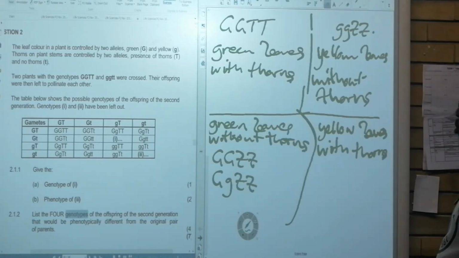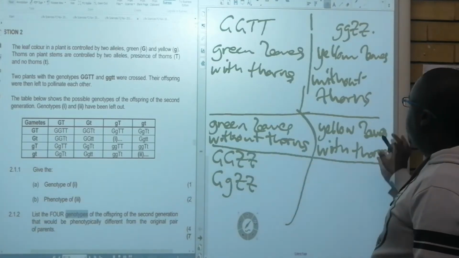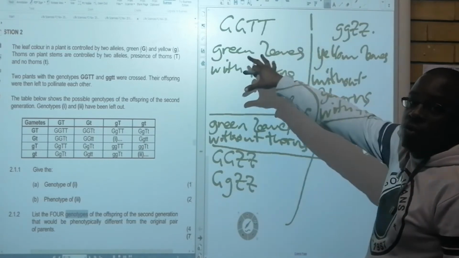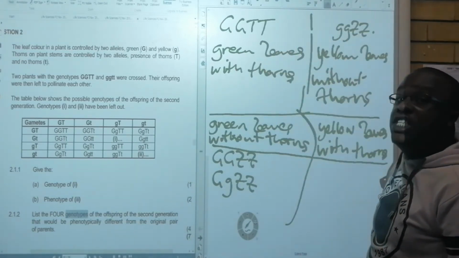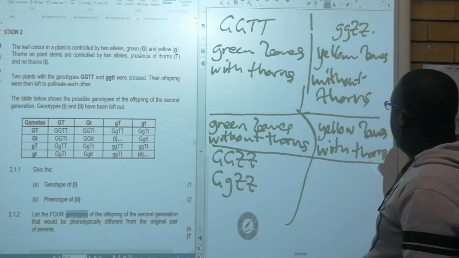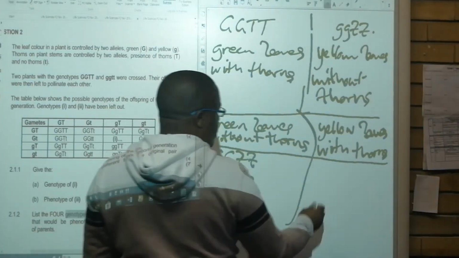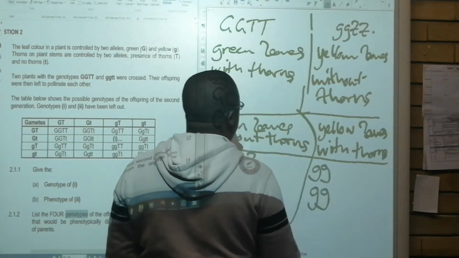Can you see how these types of phenotypes are not the same as the original phenotypes of the original parents? Yellow leaves with thorns. Yellow is recessive, therefore it needs to be homozygous recessive.